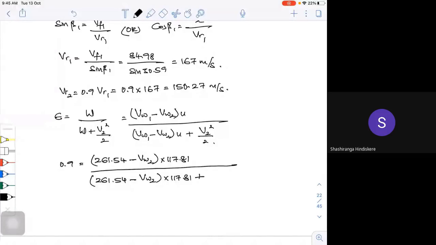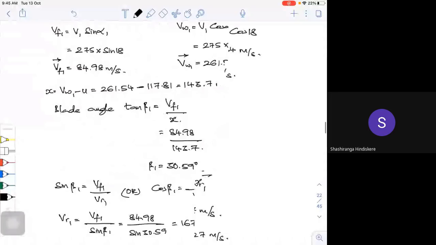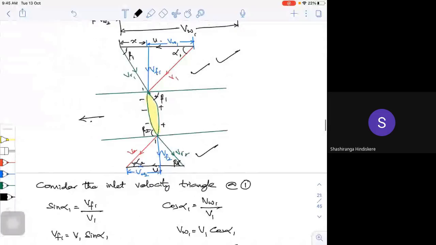V2 square is equal to Vf2 square plus VW2 square. So using trigonometric principles, if I know my Vf and my VW2, I can find that, and I can find the corresponding other things also. Or go back and look here, I don't know the value of V2.